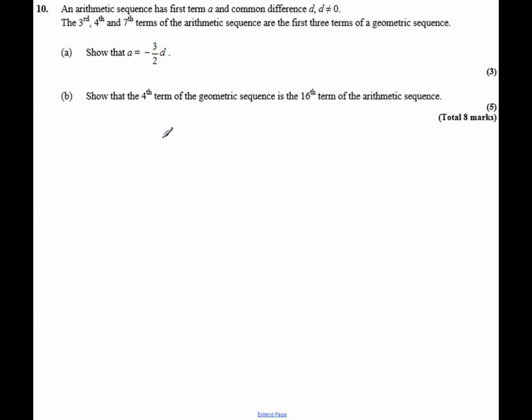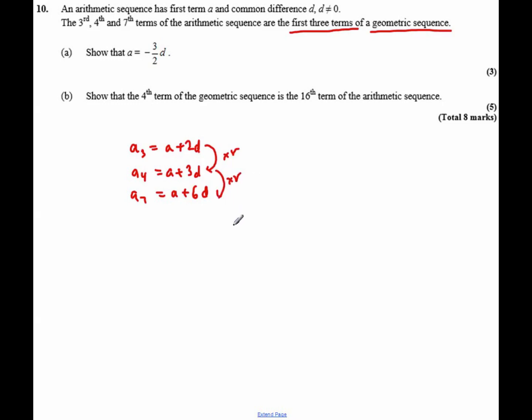So over here, we're told something about the third, fourth, and seventh terms of an arithmetic sequence. The third term is a plus 2d. The fourth term is a plus 3d. And the seventh term is a plus 6d. And we're told that these are the first three terms of a geometric sequence, which means to get from here to here, I've multiplied by a certain ratio, and to get from here to here, I've multiplied by the same ratio.